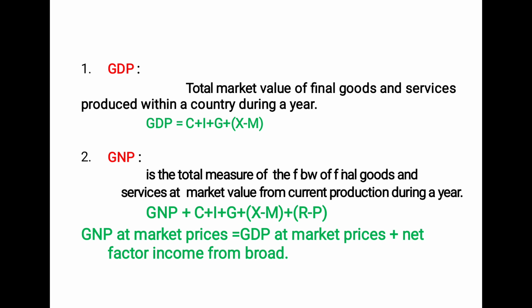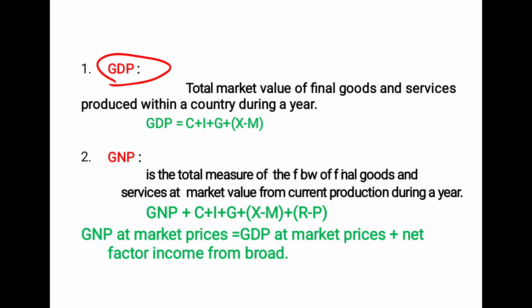So first one is going to be GDP. What is GDP standing for? G stands for gross, D stands for domestic, and P stands for product. So what is meant by GDP? GDP is the total market value of final goods and services produced within a country during a year.